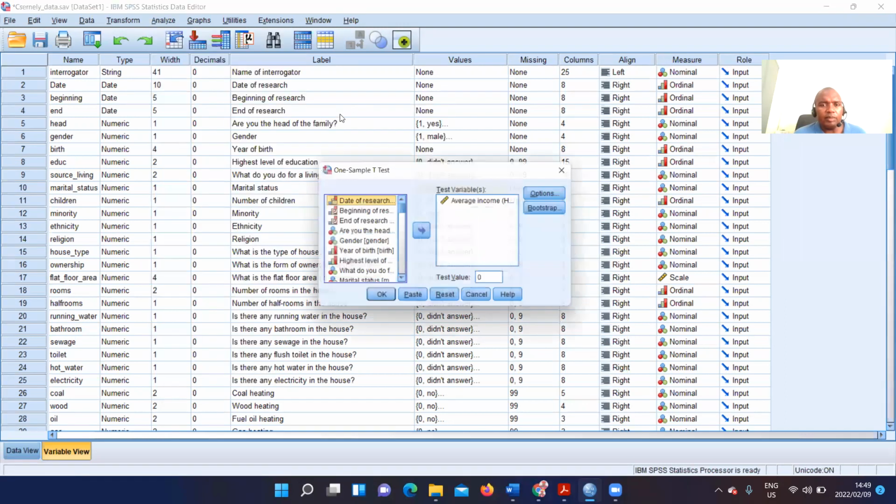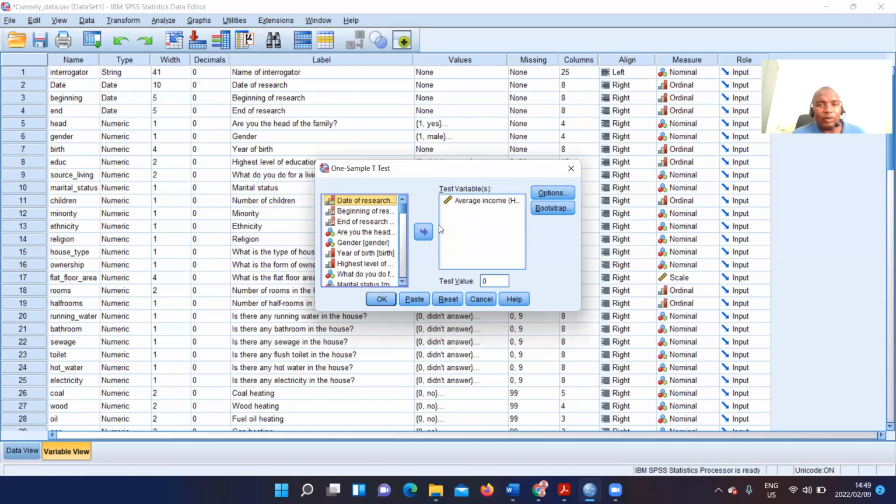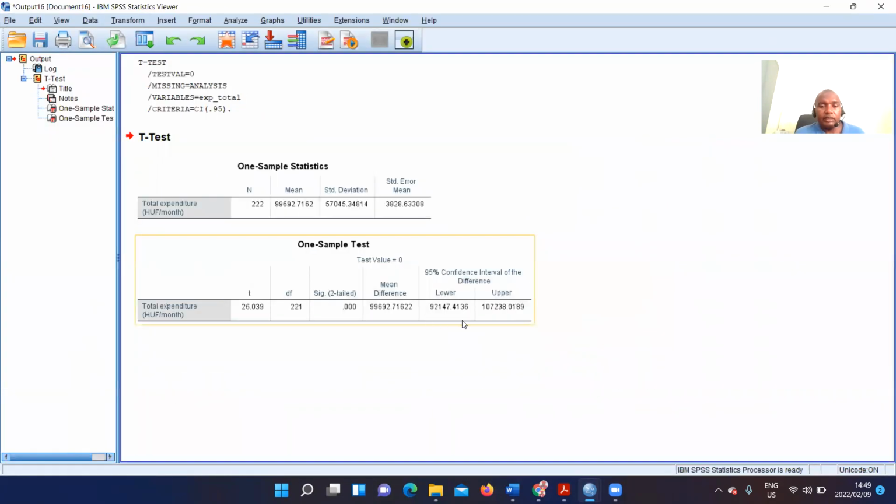Compare means, one sample T test. And then this time around, we are looking at just total expenditure. We click OK.